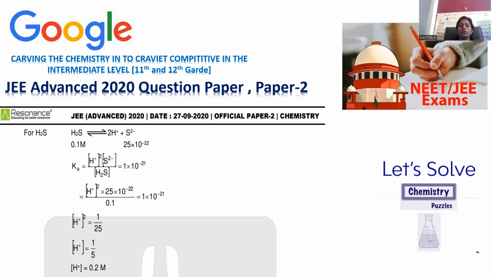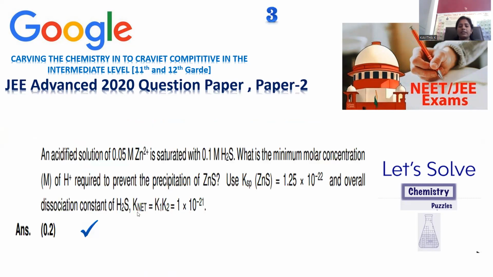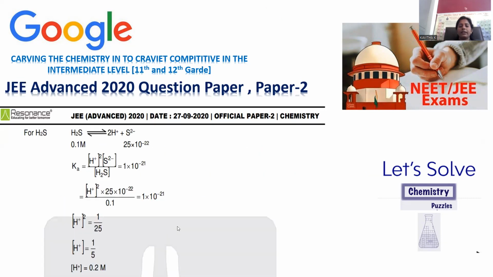So [H+]^2 [S^2-], and the reactant must be H2S, so its concentration is taken as the denominator. The K net value is given as 1 × 10^-21, so that dissociation constant can be taken, right?